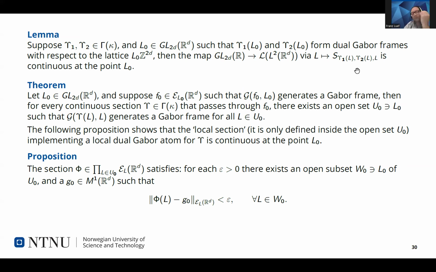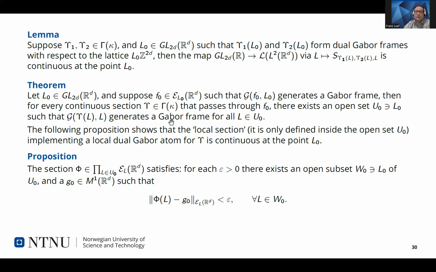This is one of the key results in Feichtinger and Kaiblinger's paper, what makes their results work: they can deform continuously the generators that they started out with to nearby lattices and still get generators or approximate generators. And that is sufficient for getting the Gabor frame situation.